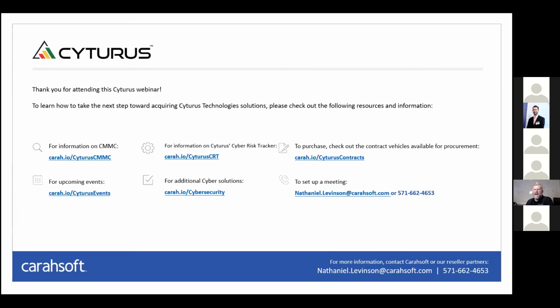Just to go into the back of that, James, when the CMMC AB came out with those, they made the separation between an RPO and a C3PAO doing that audit, that assessment. And one of the things that Cyturus did early on was make the decision to be the RPO, the registered provider organization, that organization that sits with the customer and helps the customer prepare.